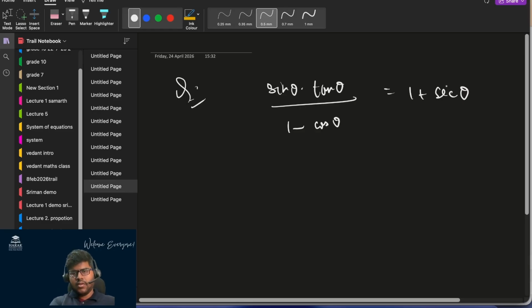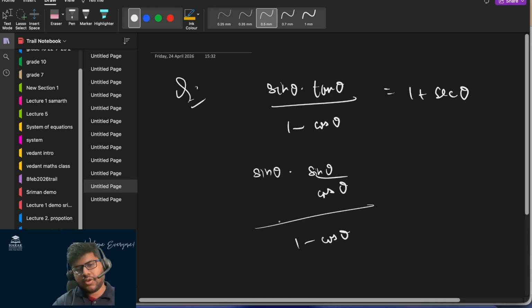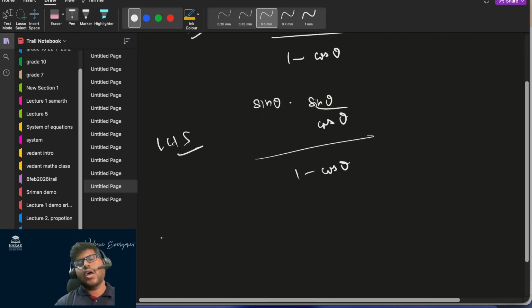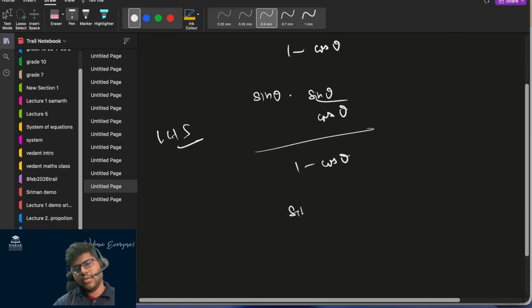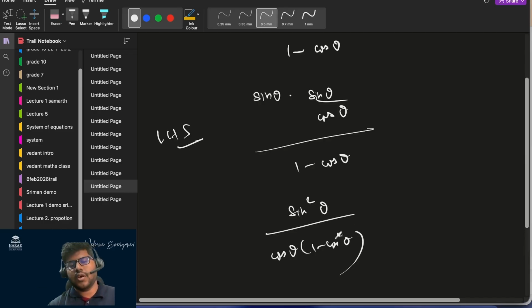Instead of doing much more, I can simplify and write tan of theta as sine theta over cos theta. That means sine theta times sine theta over cos theta, divided by 1 minus cos of theta. Taking the LHS, I got sine square theta over cos theta times (1 minus cos theta).